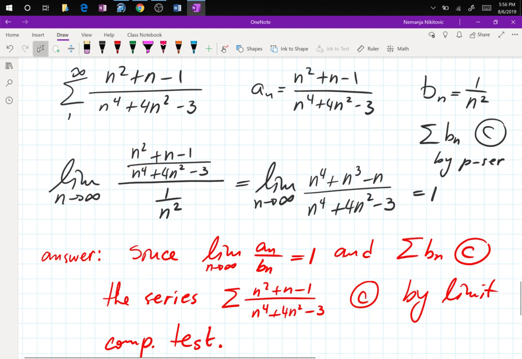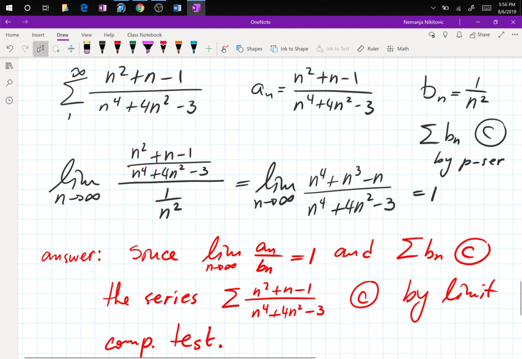So I'm not stacking the deck, making this converge because I want it to converge. If you try to make it divergent, the method would not work. If you say, okay, I want my bn to be 1 over n, and then the series of bn diverges, you will not be getting a finite value here.